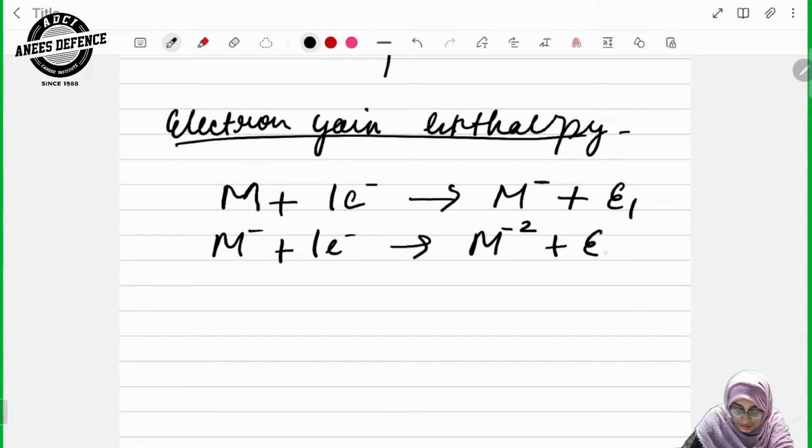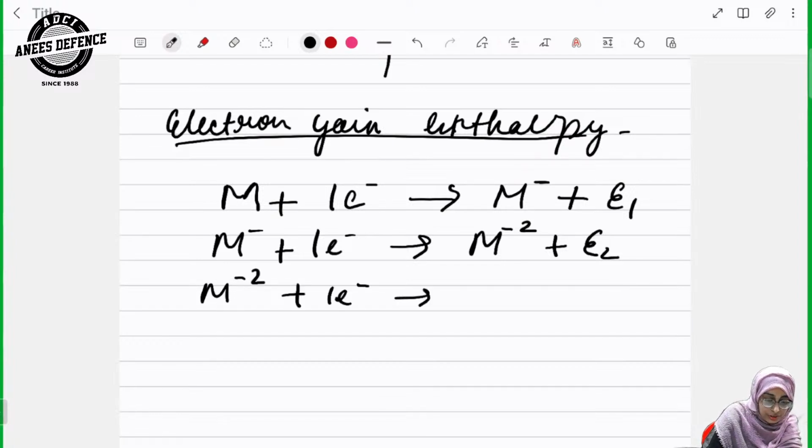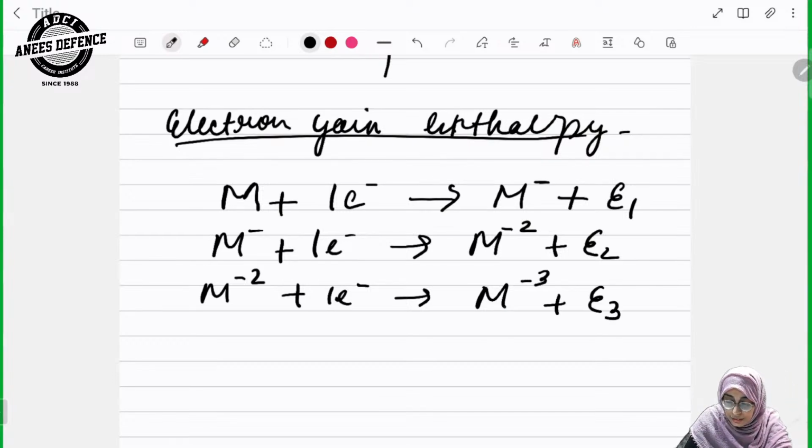E2 is the second electron gain enthalpy. Now when M minus 2 gains one electron, it becomes M minus 3 and E3. E3 is the third electron gain enthalpy.